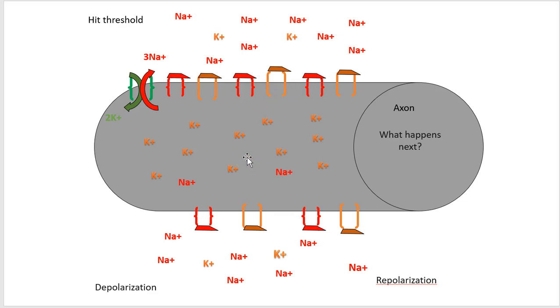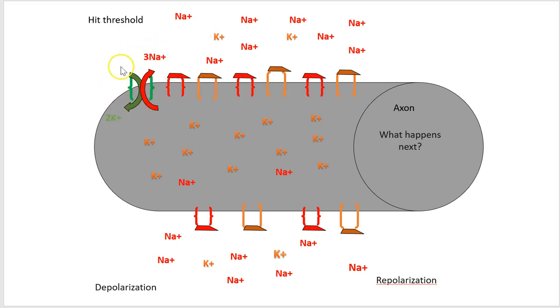Now, I told you that if we stuck a voltage meter in here, the inside would be negative compared to the outside. When you look at this picture, that shouldn't make sense because it looks like the charges balance each other out. The reason the inside is negative compared to the outside is because of these structures called the sodium-potassium pump.